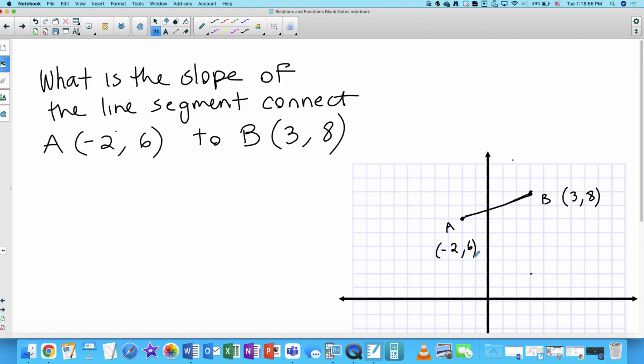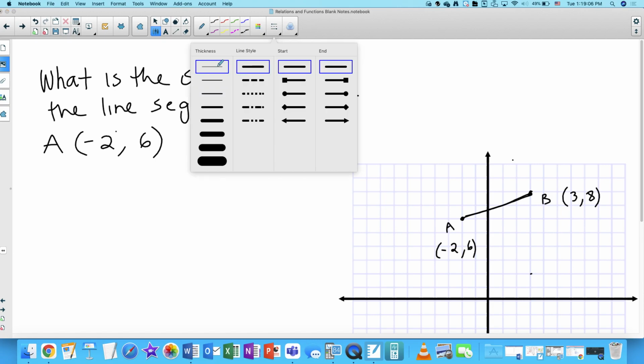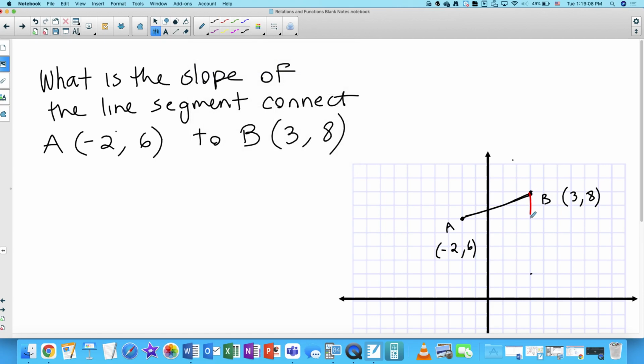Yes, so this is 2. And what about my run? 5. Okay, so the slope here is rise over run, which is 2 over 5. Okay, no problem, all good.